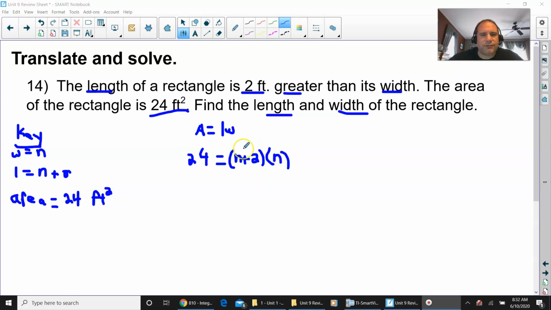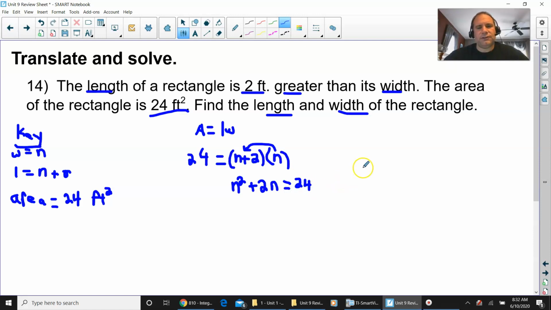Now you're going to use distributive property. N times n is n squared. N times 2 is 2n. And I am going to switch this around. This equals 24. I just want it to be over on the right hand side. It's not that big of a deal. You just put it over here.